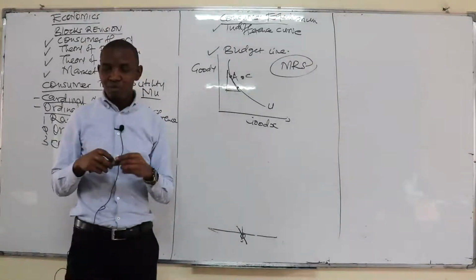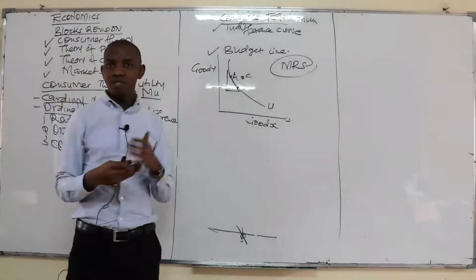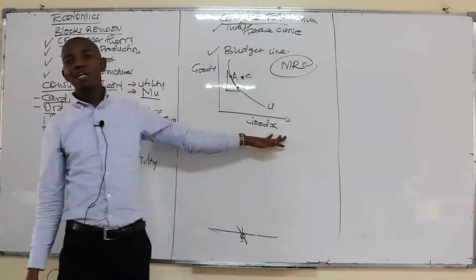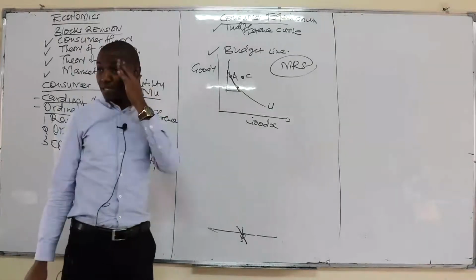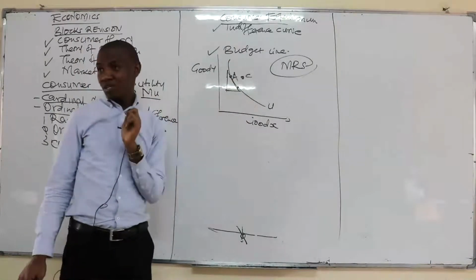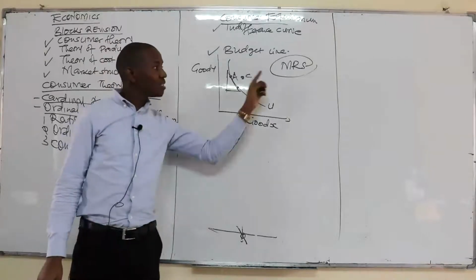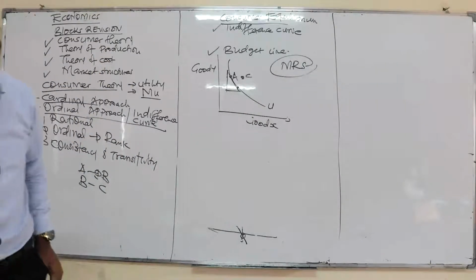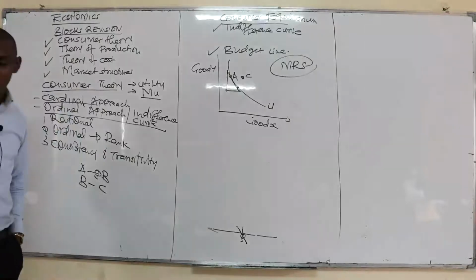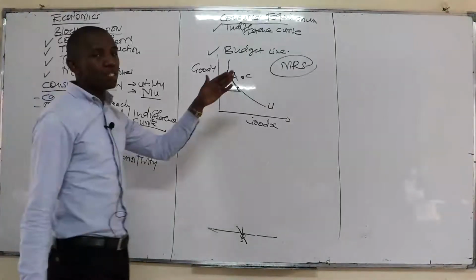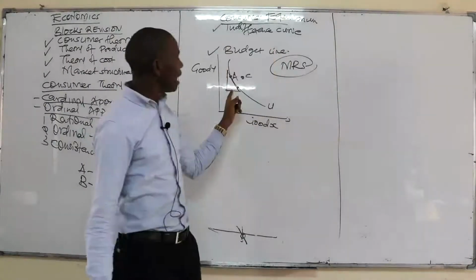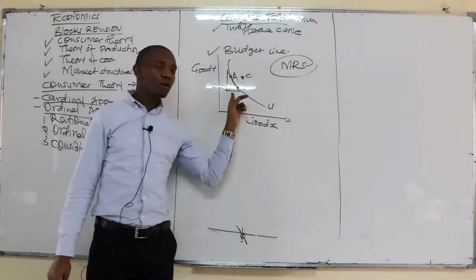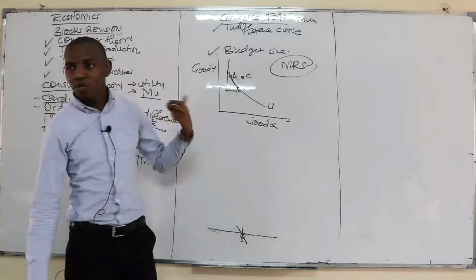You must consume one at less quantity while the other is higher. That means you will be substituting from consumption of good X to good Y, or good Y to good X. And this is what is giving rise to what we call the marginal rate of substitution. So the marginal rate of substitution is the absolute slope of the indifference curve. The absolute value, I mean.